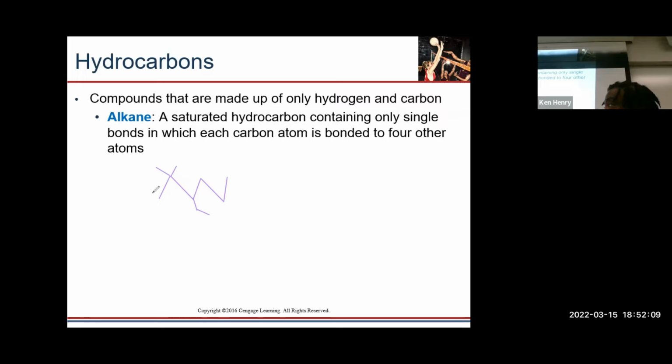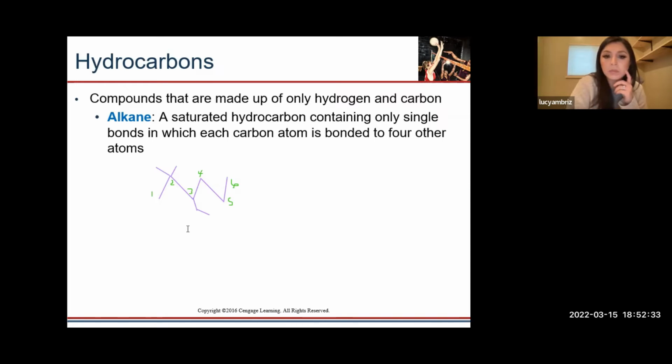So in this case, we have 1, 2, 3, 4, 5, 6. So a 6 carbon chain is called what? Single bonds, all single bonds: hexane.